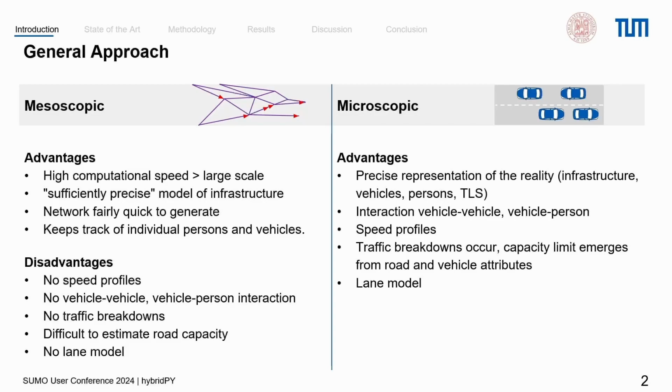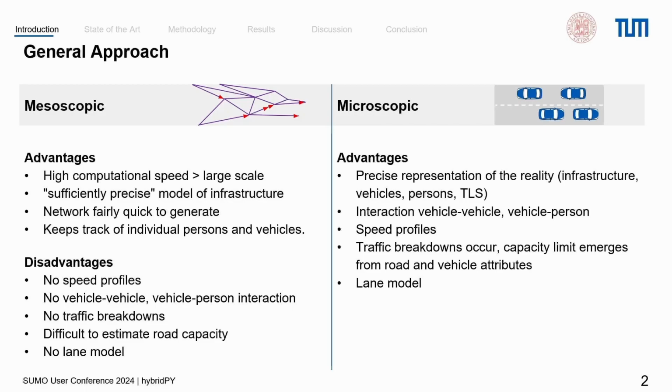On the right side, we have our microscopic traffic models. The advantage is that we have a precise representation of reality. We try to model the infrastructure, the vehicles, the persons, and also our traffic lights. We are able to simulate the interaction between the vehicles and the persons, and thereby derive our speed profiles.